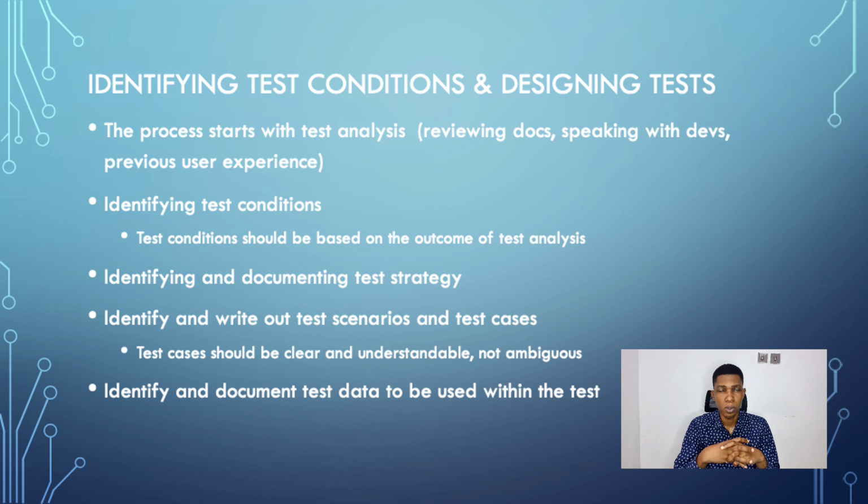A good thing when identifying scenarios is to be as verbose as possible. You want to cast your net as wide as possible so that you can cover a lot of ground. Even though it's technically impossible to test everything in the system, we want to cover as much as humanly possible.